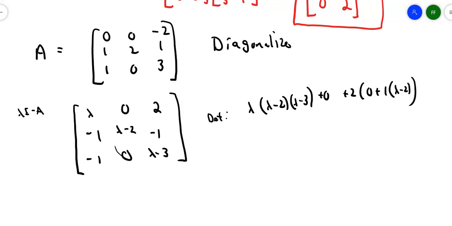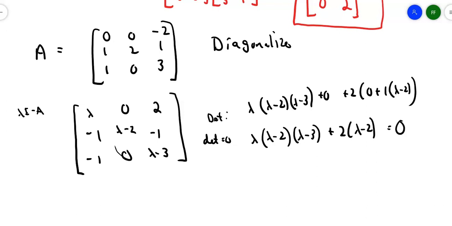All right, so going across the top row knocks out one of those three pieces. All right, so now I need to set the determinant equal to 0. This gives me lambda, lambda minus 2, lambda minus 3, plus 2 times lambda minus 2 is equal to 0.